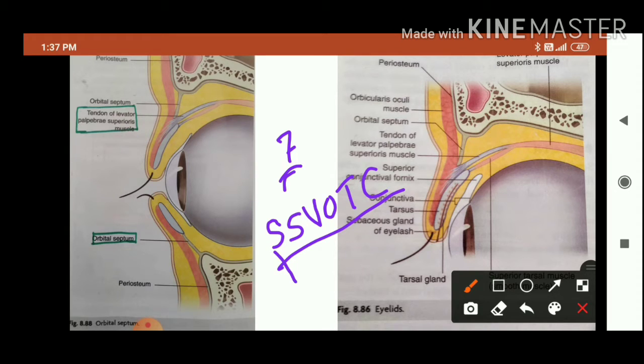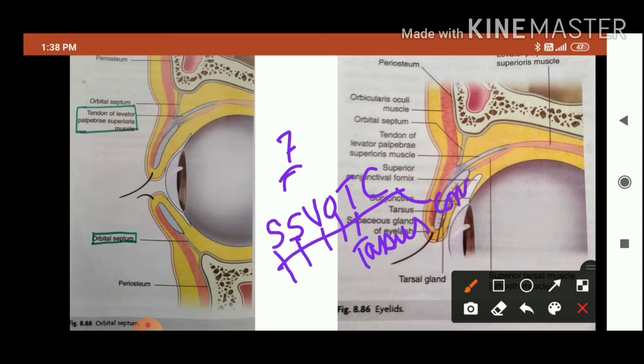S means skin, S means superficial fascia, which contains areolar tissue. Then we have the voluntary muscles, V for voluntary muscles, and it includes the palpebral part of orbicularis oculi. O means orbital septum, T means tarsus, and C means conjunctiva.